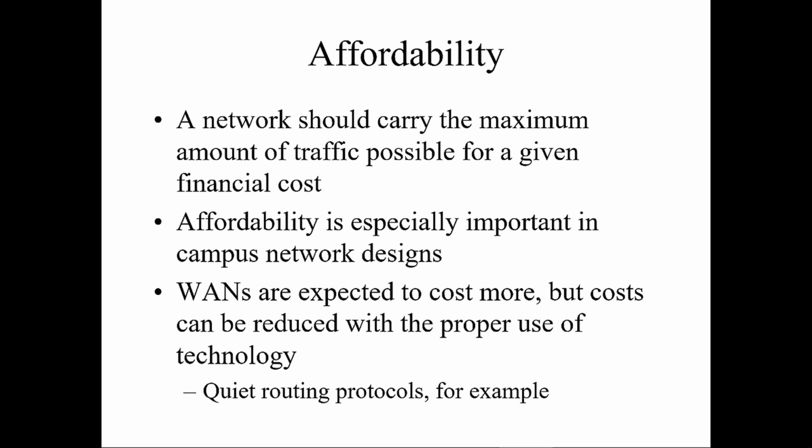And affordability is especially important when we start talking about campus area network designs, CANs. Same thing with WANs, because WANs are expected to cost more, but costs can be reduced based off of the proper use of technology. WANs are separate from CANs, which are separate from LANs, and they're all going to have their unique characteristics.